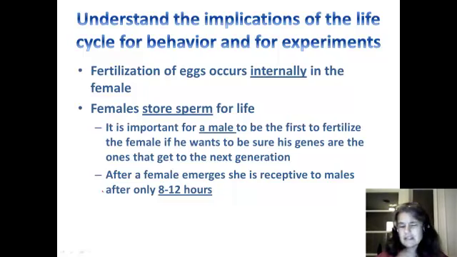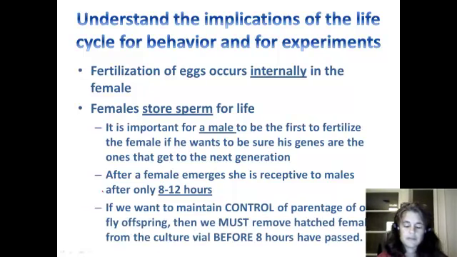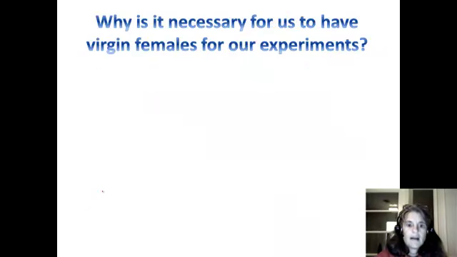Okay, so timing is really critical, and we're going to have to be vigilant in order to get these flies in the state that we need them to be in. So we want to be able to control parentage and so on, so we've got to remove those females from the vial before 8 hours has passed.